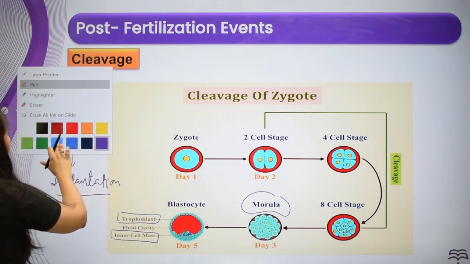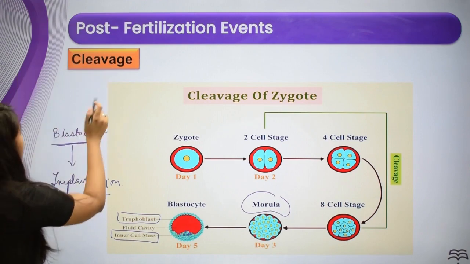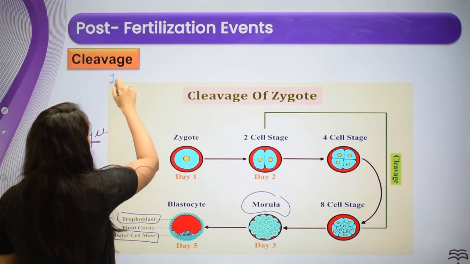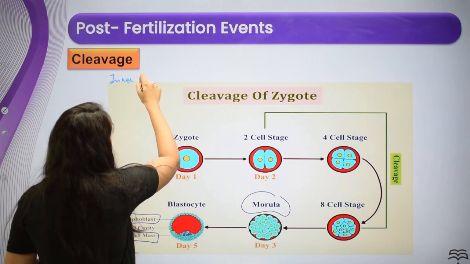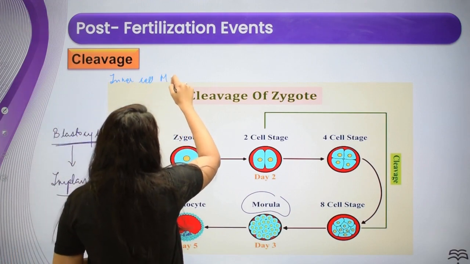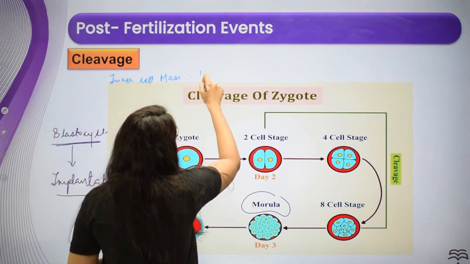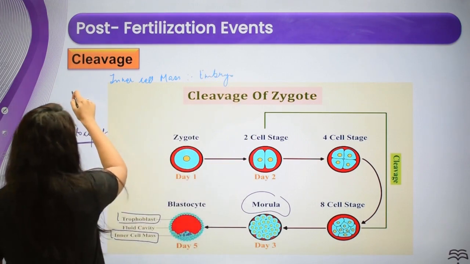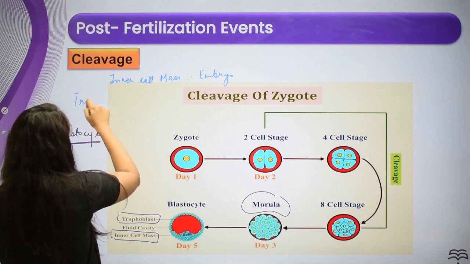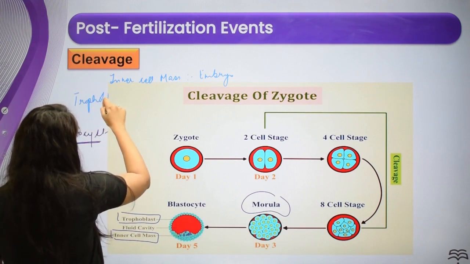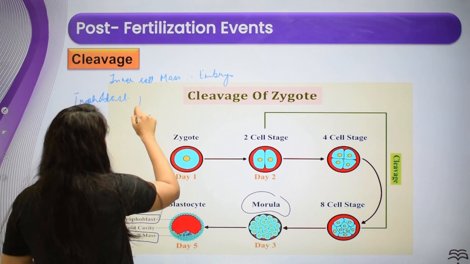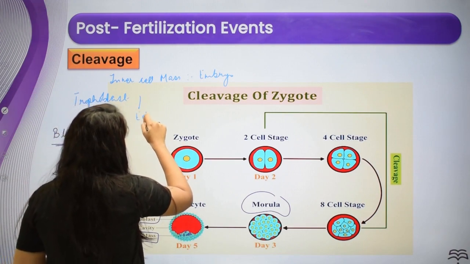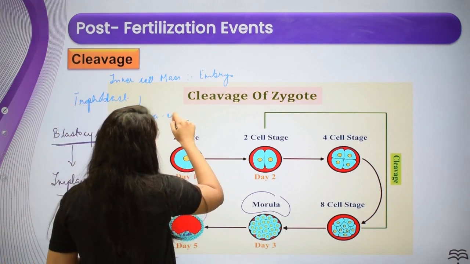So a very important point about them is that this inner cell mass is going to give rise to the embryo. And the trophoblast is going to give rise to the extra-embryonic membranes.